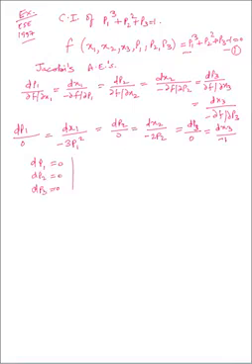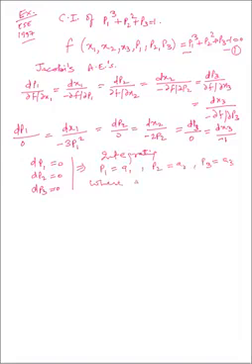So from here we get dp1 is 0, dp2 is 0 and dp3 is 0. So integrating, p1 is equal to a1, p2 is a2 and p3 is a3, where a1, a2, a3 are arbitrary constants.